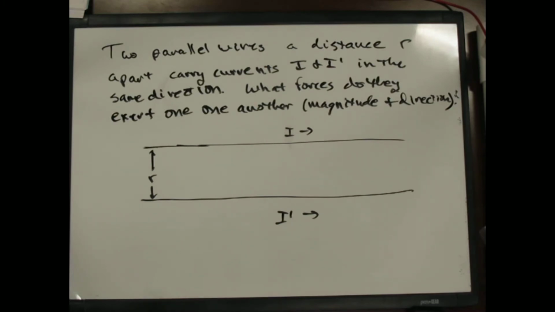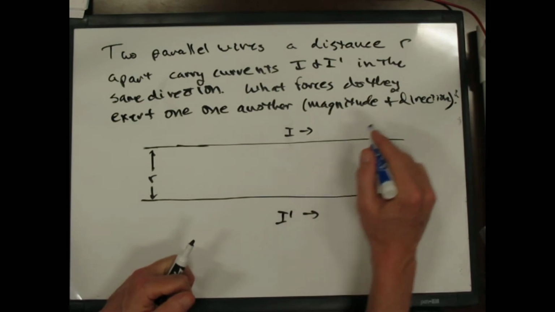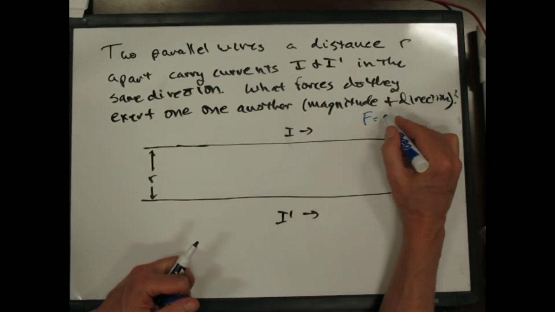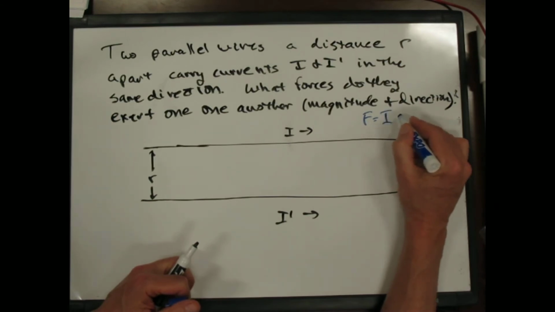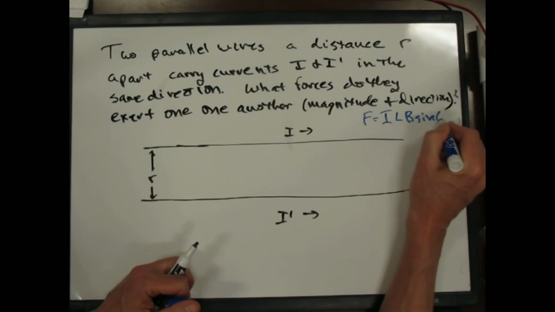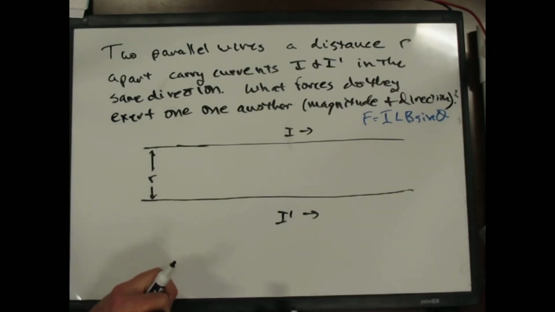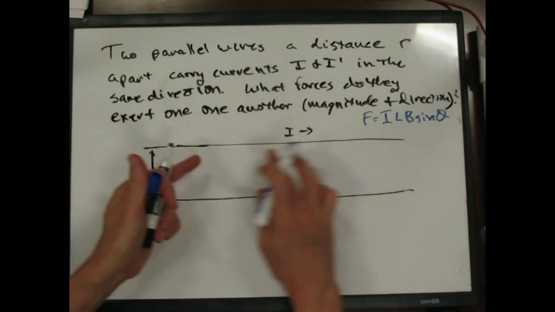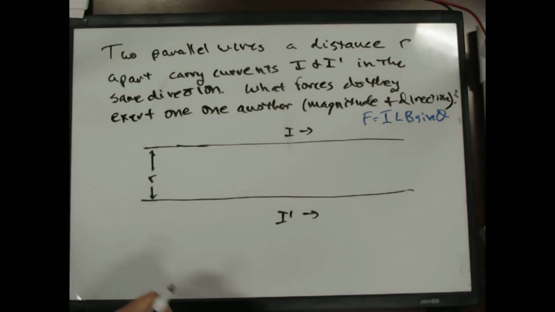Magnitude and direction. And so remember, a magnetic field produces a force on a wire. The Lorentz force is I L B sine theta. So if there's a magnetic field around this wire, it's going to exert a force.